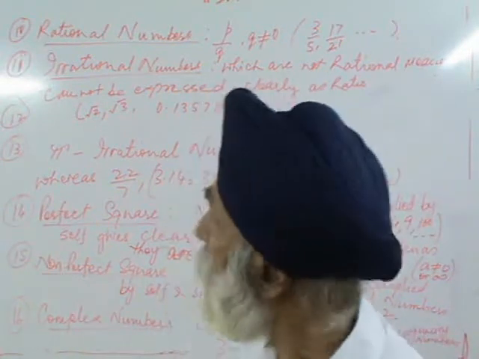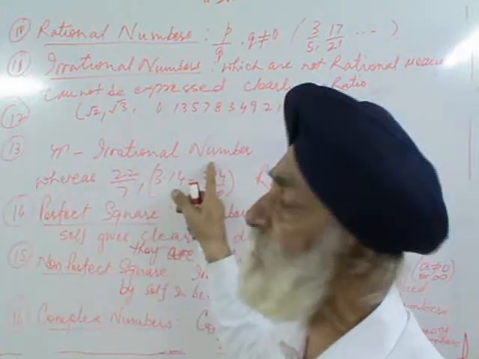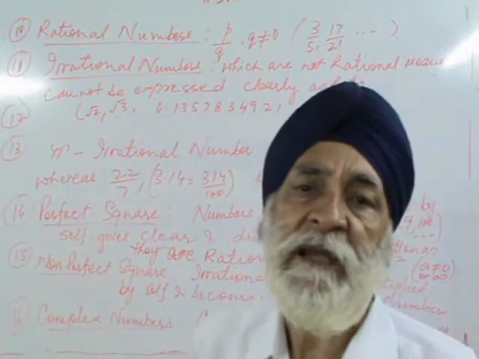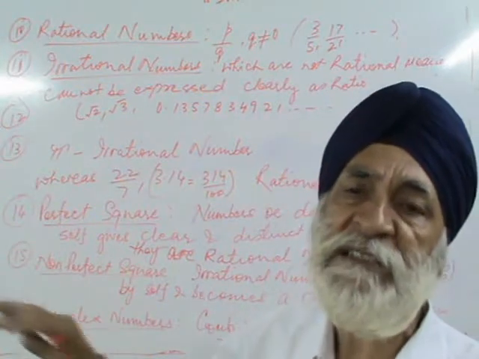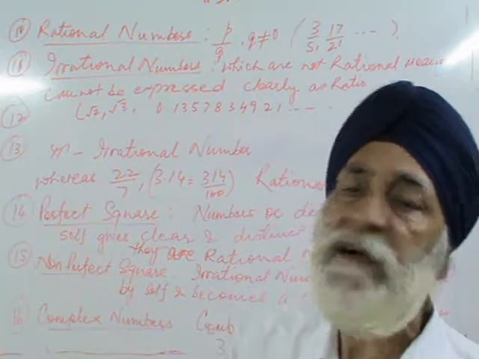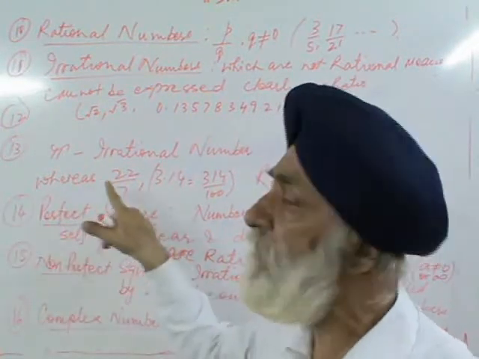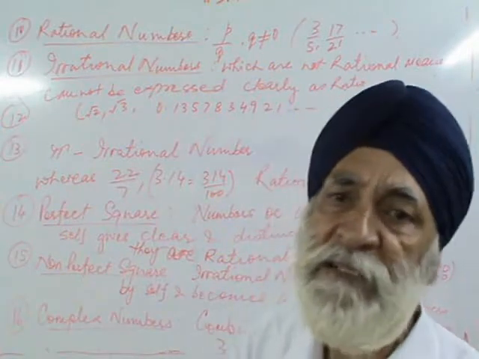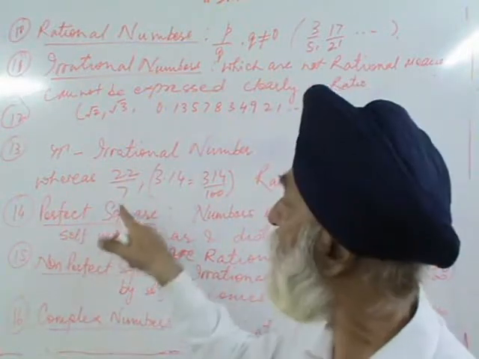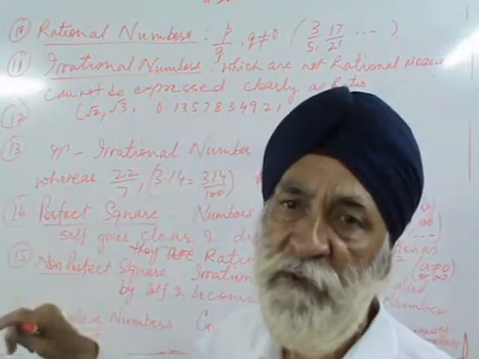Pi as a radian is an irrational number, because as you go on finding its value, you will find that it will never be a full value. But mathematicians in the past have found approximate values very near to it, as 22 upon 7 and 3.14.